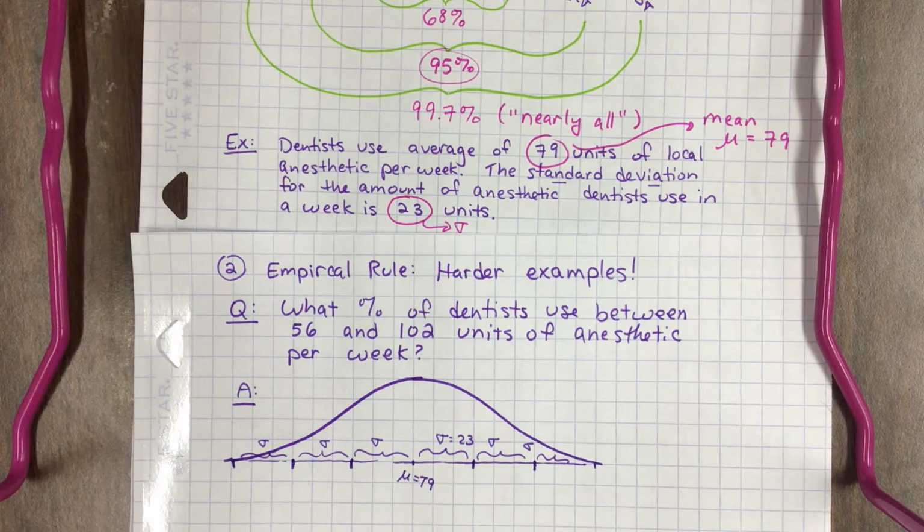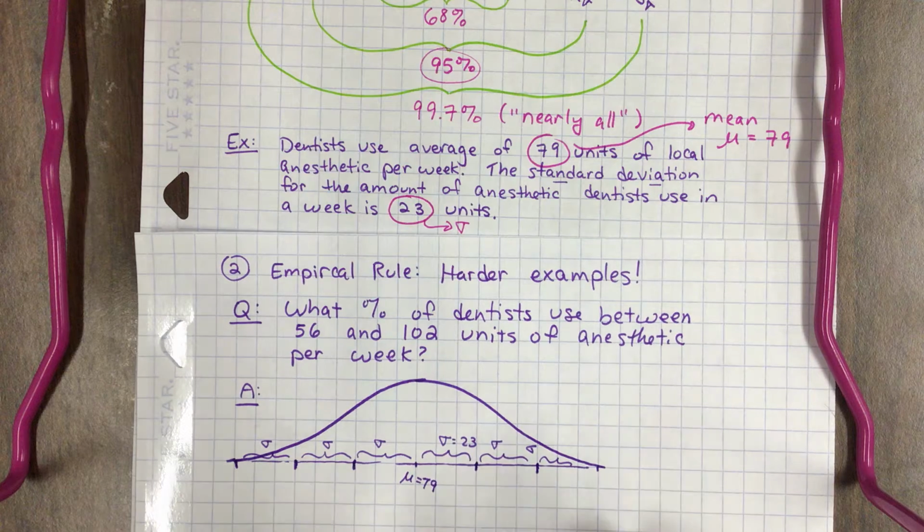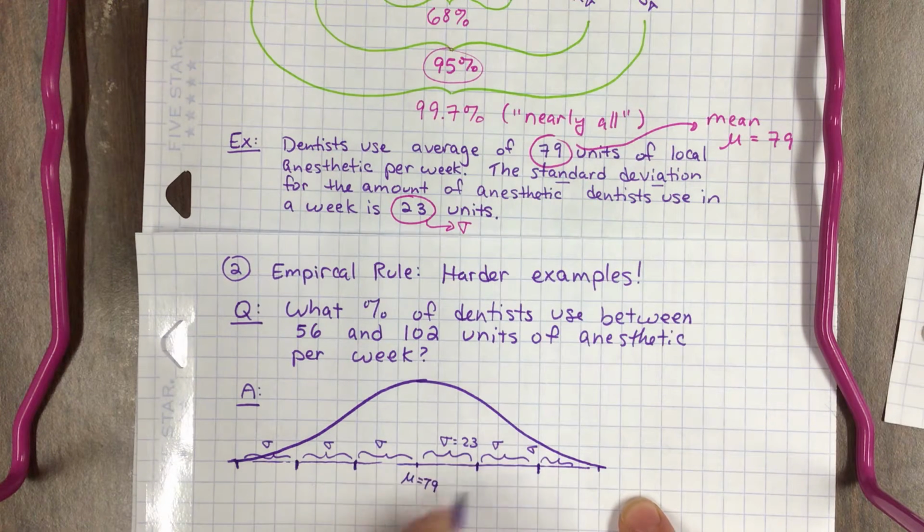and instead of writing things like mu and mu plus sigma and mu plus 2 sigma, to start filling in some actual numbers. So here I'm starting in the middle at the mean, which is 79, and then I'm saying let's add one standard deviation to that and see where I get. 79 plus 23, 1 standard deviation, brings me up to 102.